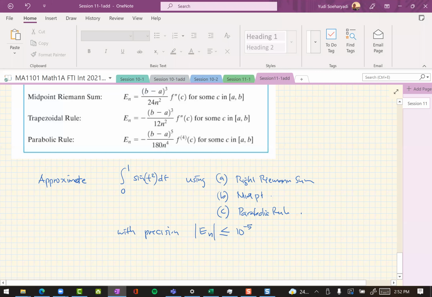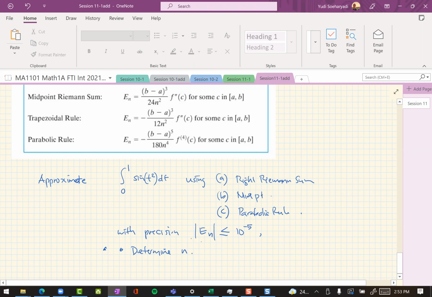That's basically engineering stuff. Determine n first. So how many terms do you need to approximate this integral with these precisions, with an error less than 10 to the negative 5?